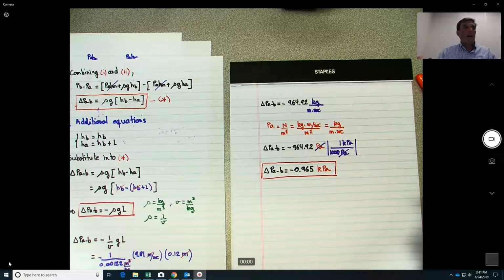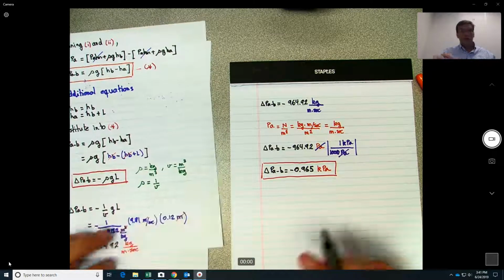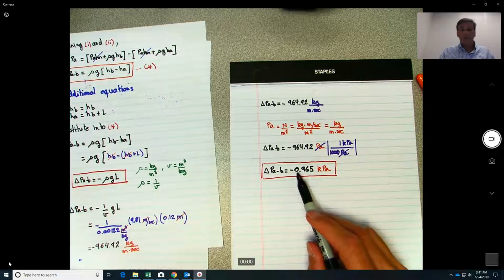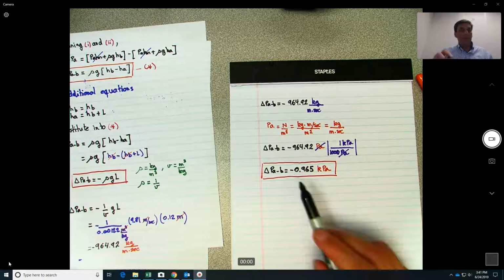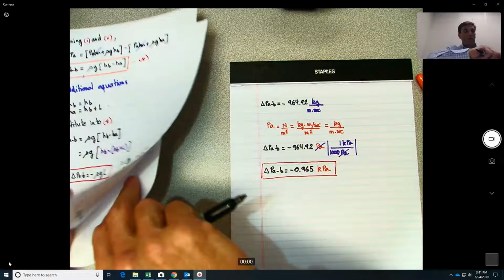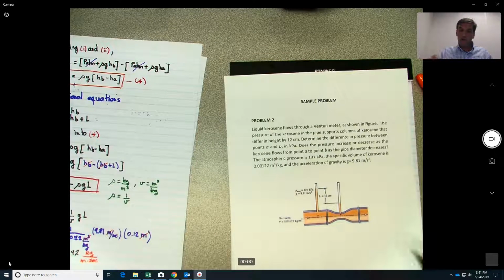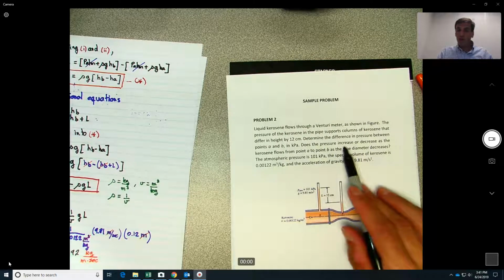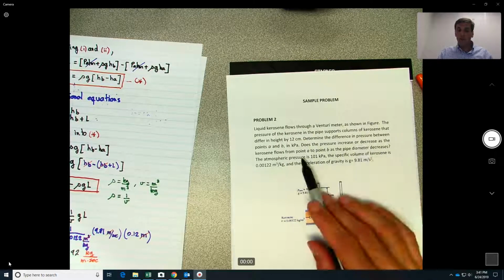So in the problem they are also asking us what is the meaning of the change in pressure between A and B as we go through the flow. So does the pressure increase or decrease as the current flows?